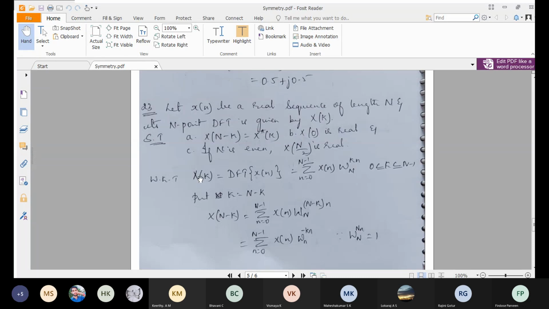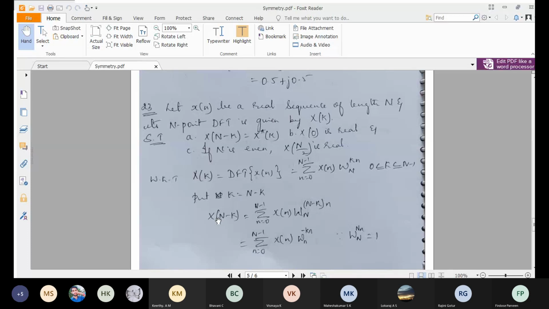So we know that X of k is equal to the DFT of x of n, that is, the summation n equal to 0 to N minus 1 of x of n, W_N to the power of kn. Now put k equal to N minus k. We have already proved this in the symmetry property.